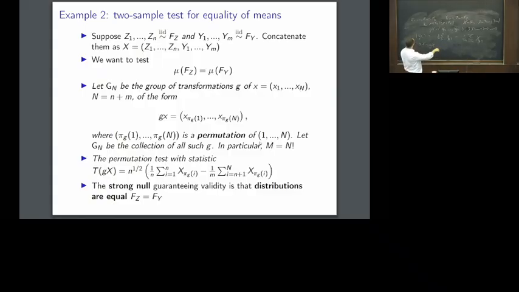So in particular, when a Z changes place with a Y, I need the observation in that entry to have the same distribution. So I need identical distribution. So I need the distribution in group Z to be the same as the distribution in group Y. So that's tough, right? I set out to test equality of means, and then I'm told that if I want this procedure to go through, what I really need to be testing is that the entire distributions are equal.